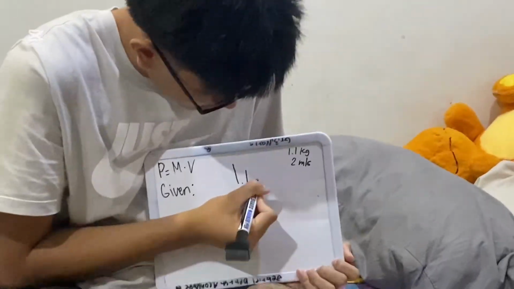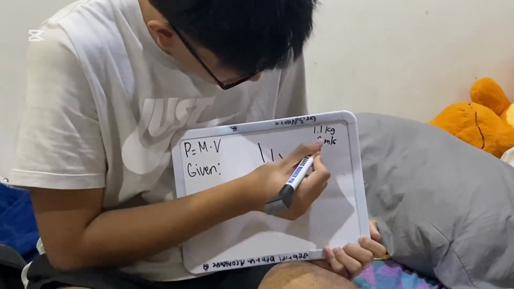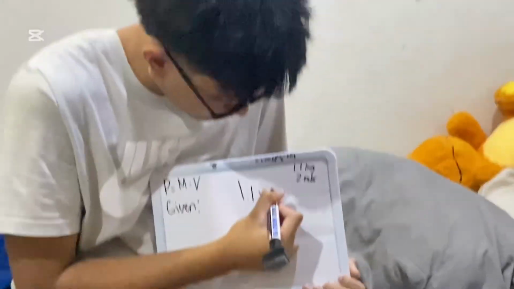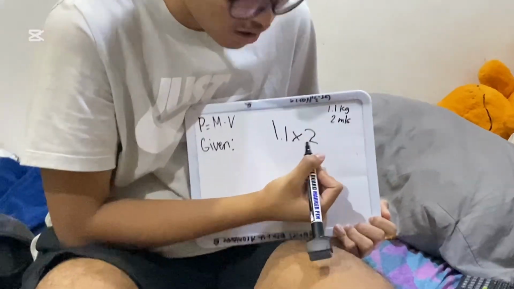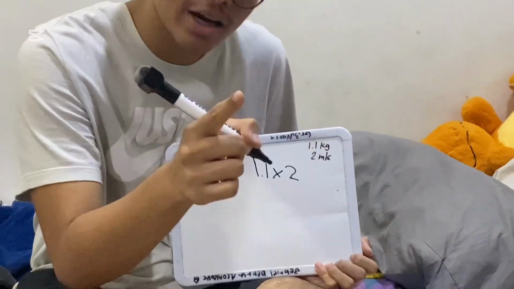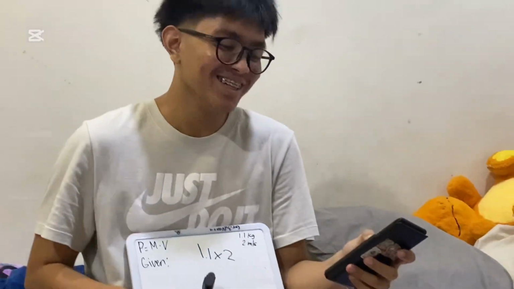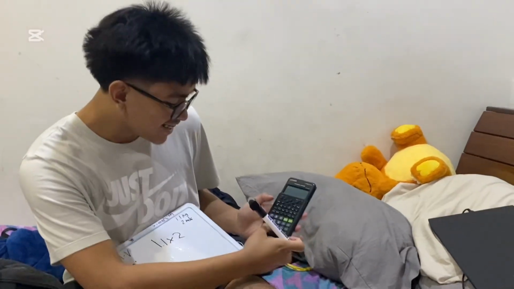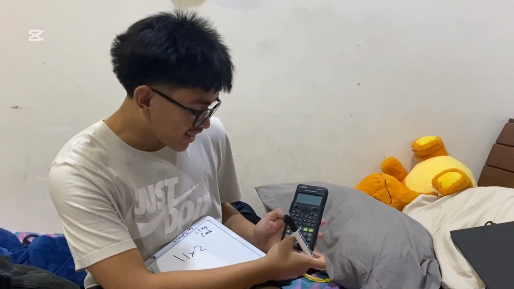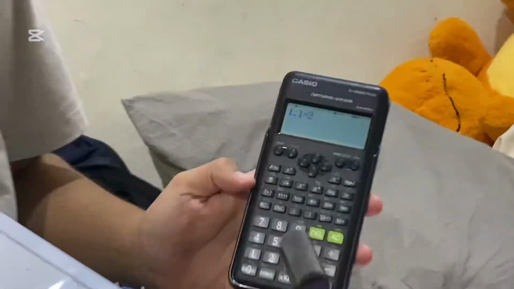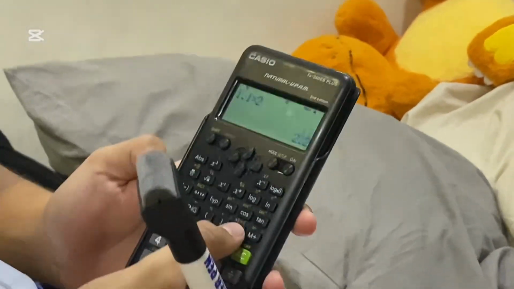1.1 times 2. So obviously it's 2.2. But let's say the world changes. Let's check the calculator, because maybe it's going to be 2.4 or something. So 1.1 times 2. Would you look at that?